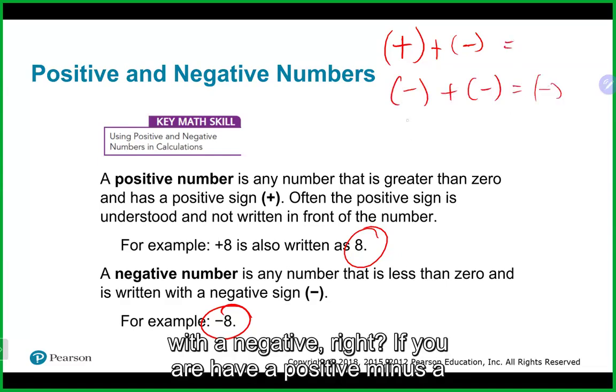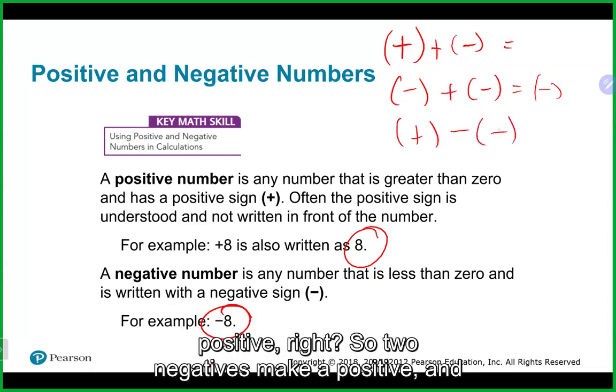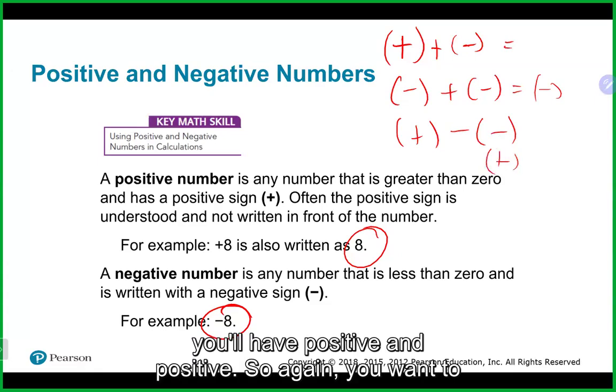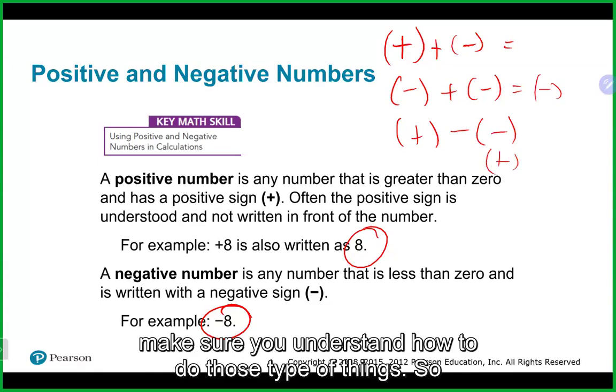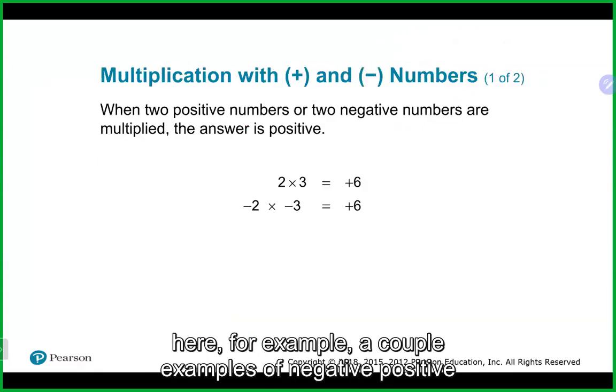If you have a positive minus a negative, that minus will turn this into a positive, right? Two negatives make a positive, and you'll have positive and positive. So again, you want to make sure you understand how to do those types of things. So here, for example, are a couple of examples of negative and positive numbers.